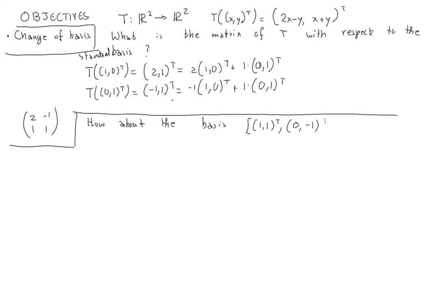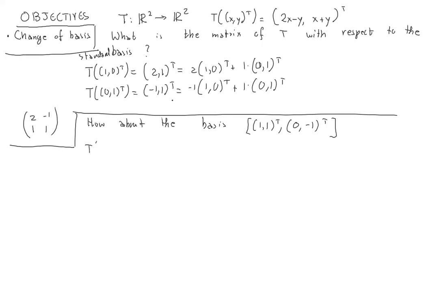The first thing that I would like you to notice is that whenever we ask for the matrix with respect to such a basis, we make sure that we give the vectors of that basis in an ordered fashion, meaning we specify which one is the first, which one is the second, which is achieved by putting them in the brackets like this.